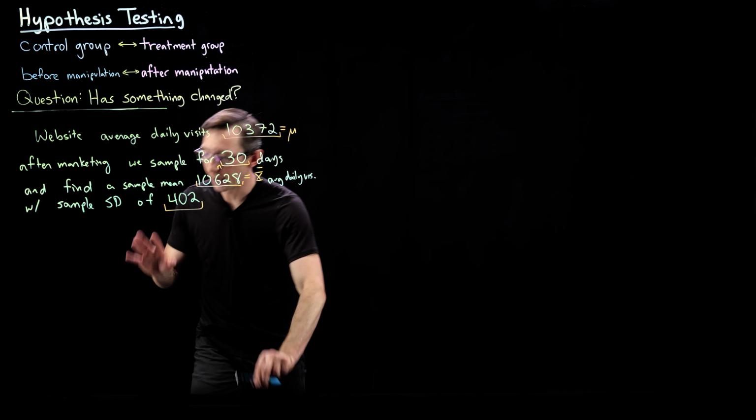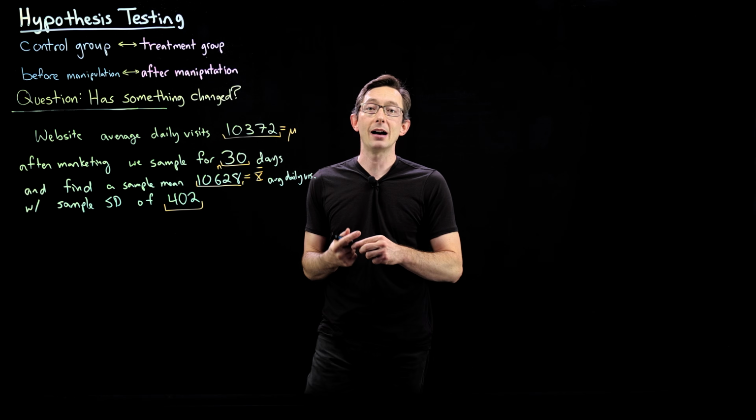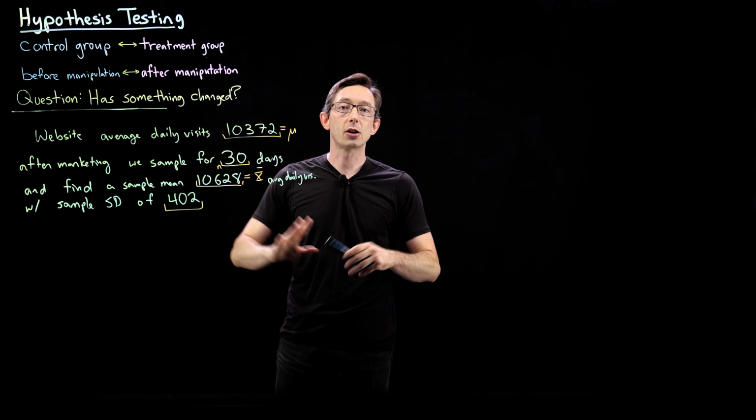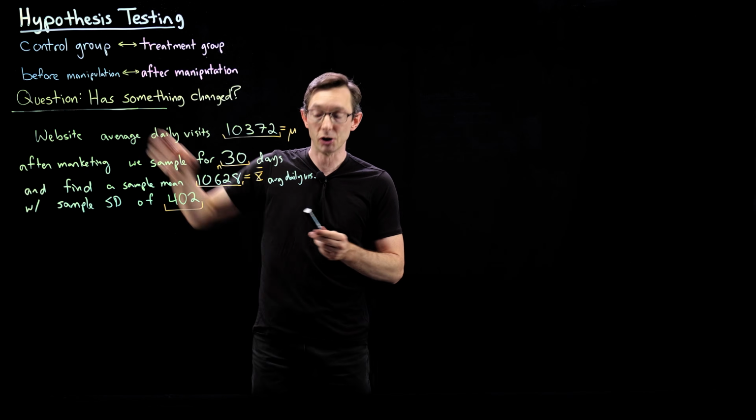And so the way we write this down statistically in terms of hypothesis testing is we state two different hypotheses. There is what's called the null hypothesis, that nothing changed.